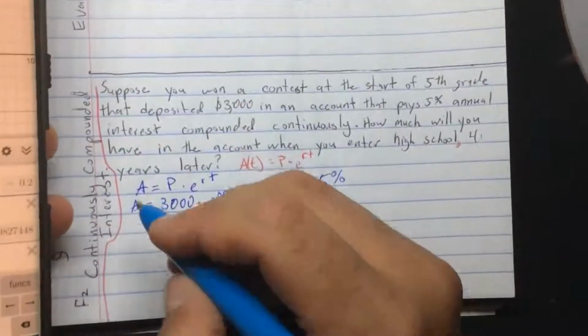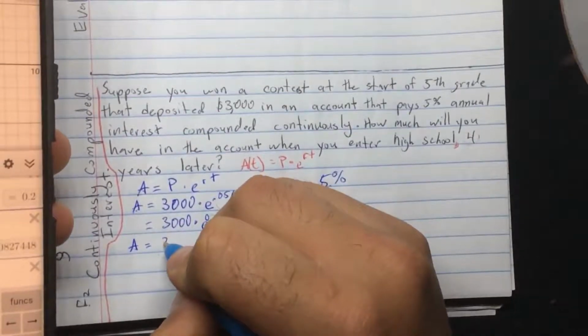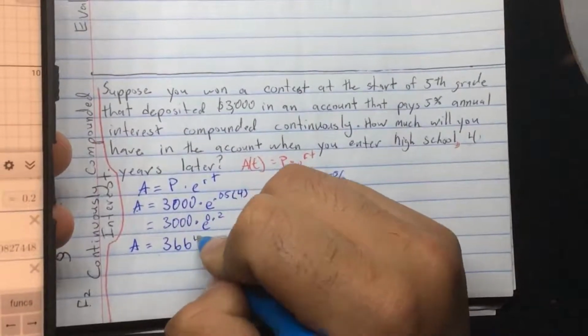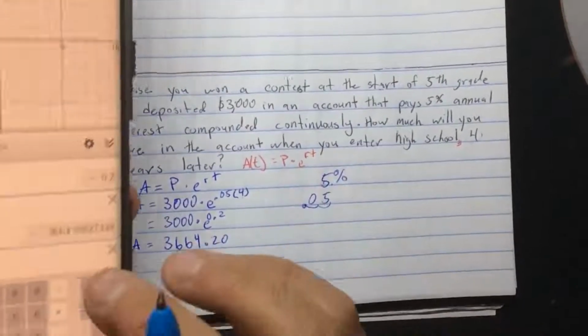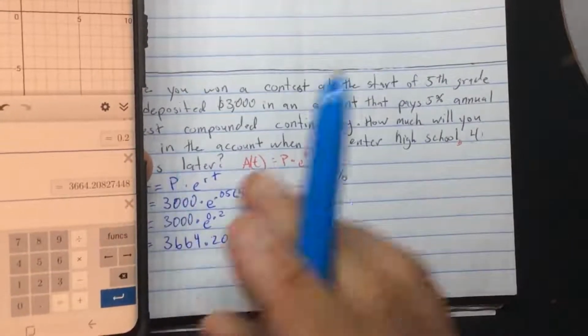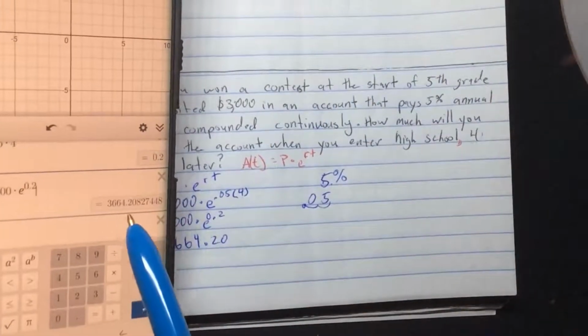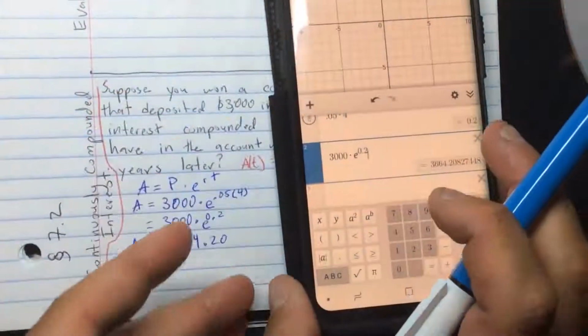I know we can technically round, but if you have 20 cents plus change, you don't have 21 cents. So I'm going to leave it like that, even though I probably should round. But you can also just show it's approximately $3,664 as well.